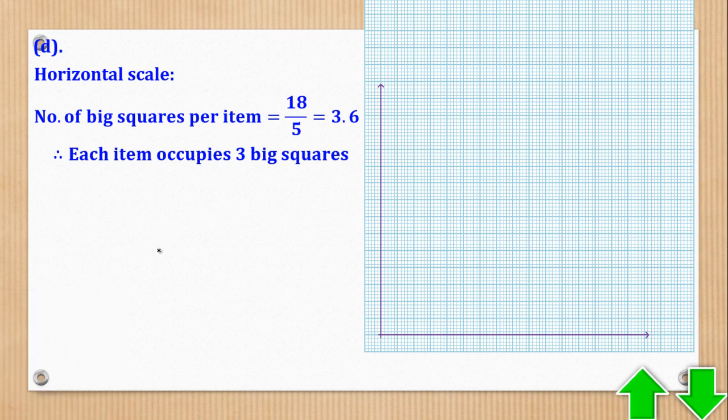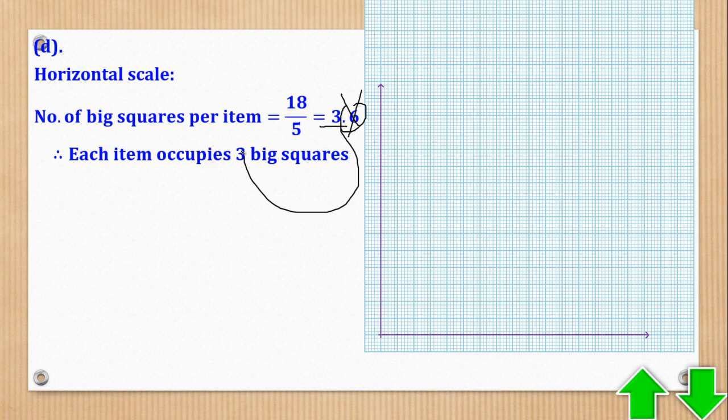Now how did we get 3? Here it is somewhat different. When you get this decimal, you ignore the decimal and take only the whole number part. Let me repeat. If you see a decimal here, ignore the decimal and take the whole number part, because if you make a mistake of rounding off, then it will never fit on the graph.